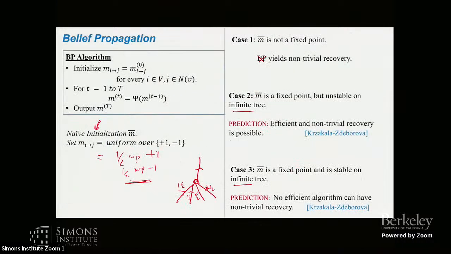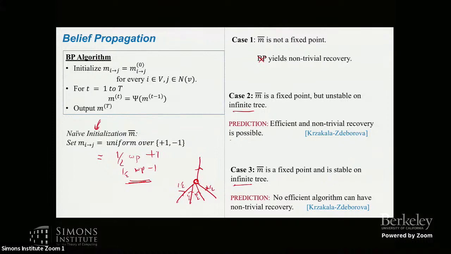The positive side of the prediction says efficient recovery is possible with BP. Well, positive perturbations should be possible, and in community detection, the work by Bordenave, Lelarge, Massoulié, and work prior to that proved it.